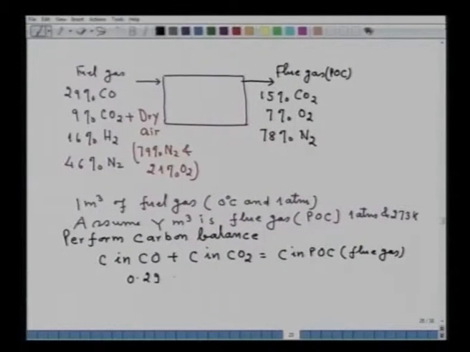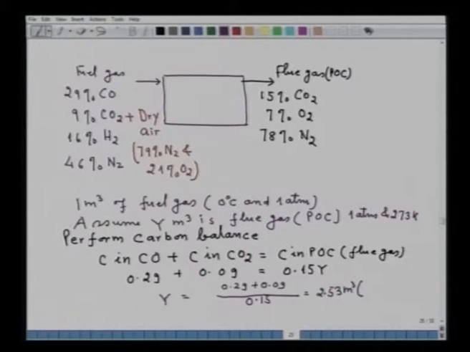0.29 plus 0.09, that is carbon moles in CO2, that is equal to 0.15 Y. So, straight away I get now Y, that is equal to 0.29 plus 0.09 upon 0.15, and this comes to be equal to 2.53 meter cube, and mind you, our basis was this value is at 1 atmospheric pressure and 273 Kelvin.